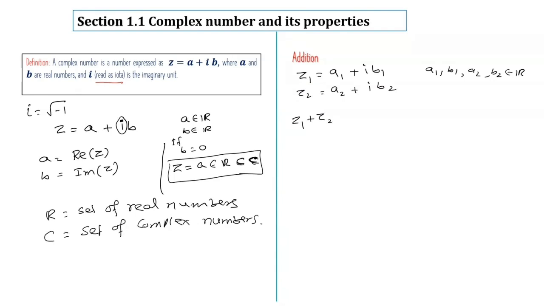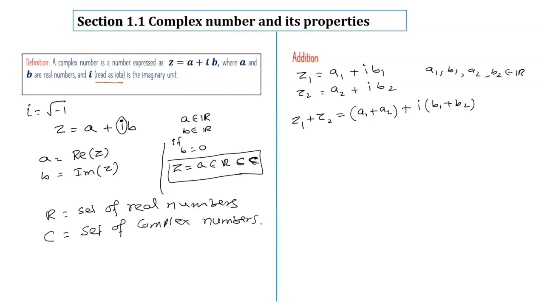So therefore z1 plus z2 is equal a1 plus a2, the real part with real part, plus iota, imaginary part with imaginary part, means b1 plus b2.